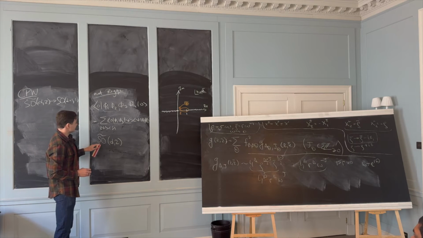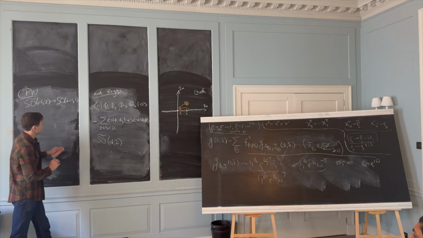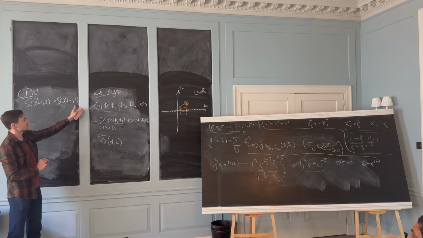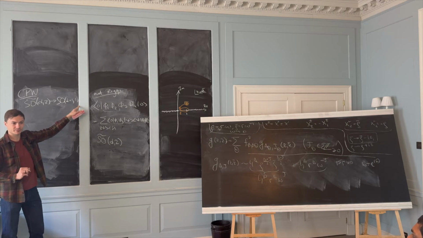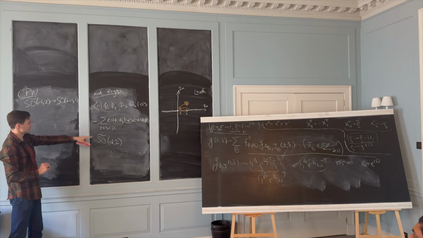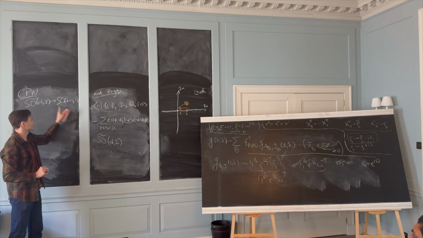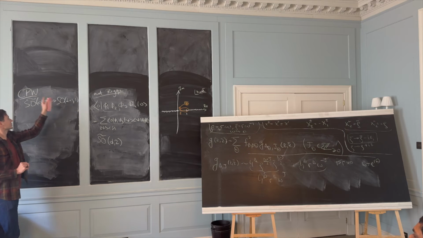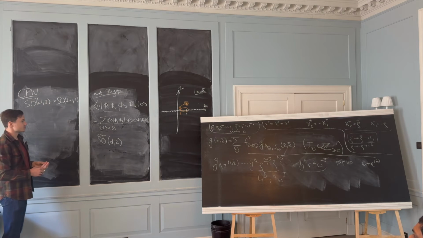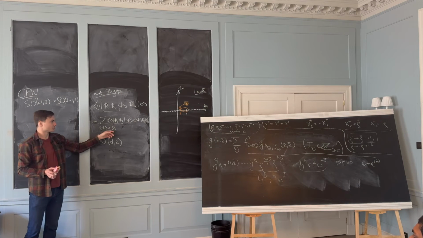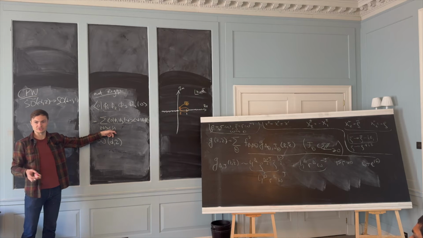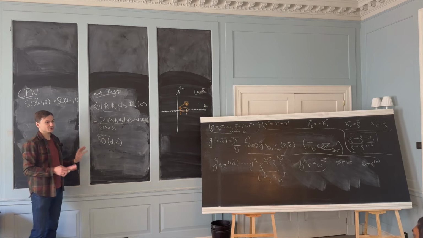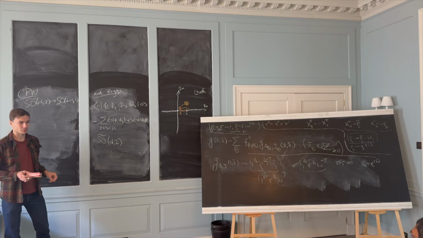Though I want to stress that even though there is this analogy, this group doesn't act on any nice Hilbert space. This one does; this acts on our Hilbert space. This one doesn't. So this conformal partial wave expansion is not directly related to any representation theory in any Hilbert space. It's just a trick to get a different form for the conformal block expansion.